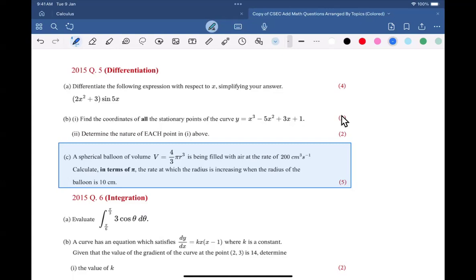Nicholas, what do you mean dV/dt is equal to 4 over 3 pi r cubed? How does that make sense? I'm not sure how you get that. I think you mean to say dV/dr.